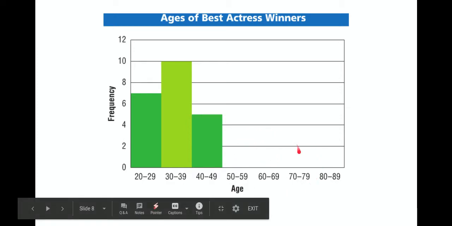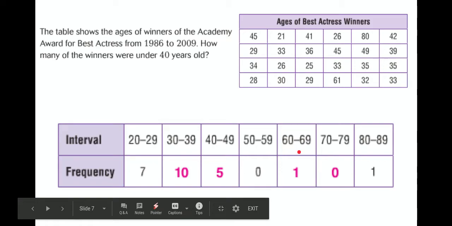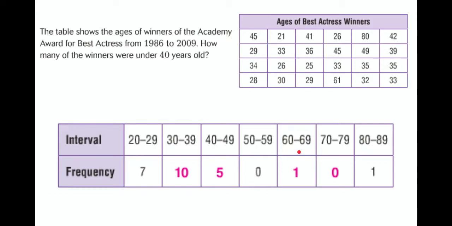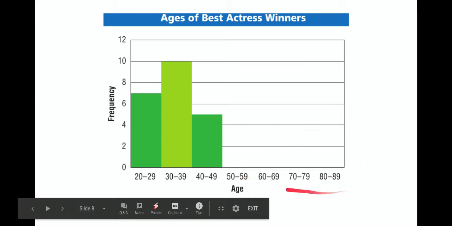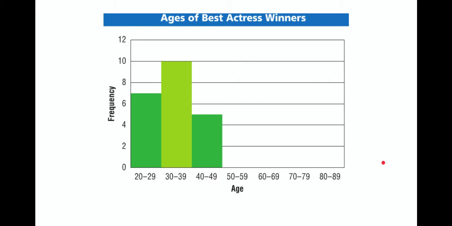So if they had zeros, you wouldn't put a bar there. But there's 4 intervals here that either will not get bars or will get bars. So based off what you see in your data table, once you've made this on your paper, hit pause and then finish this, and then we'll unpause and we'll see what the answer is.